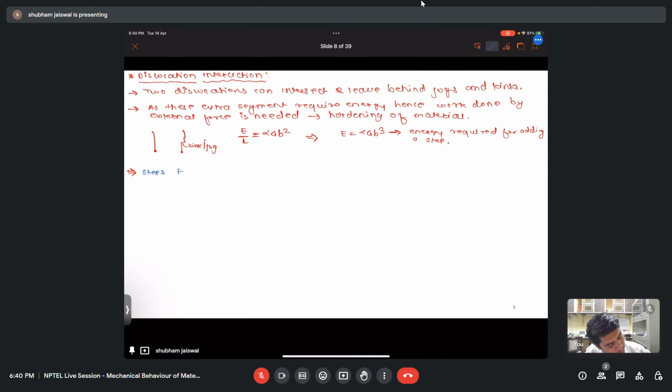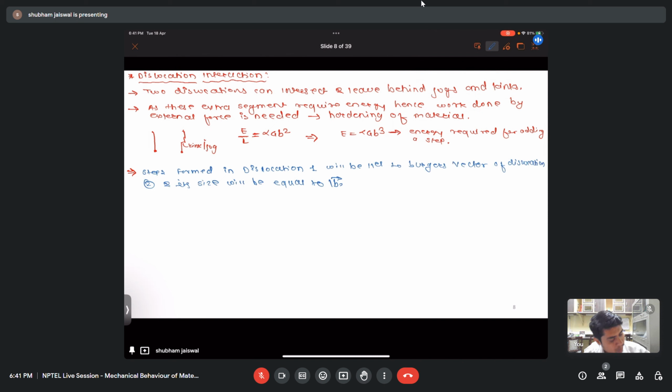So steps formed in dislocation 1 will be parallel to the Burgers vector of dislocation 2, and its size will be equal to the magnitude of the Burgers vector of 2.